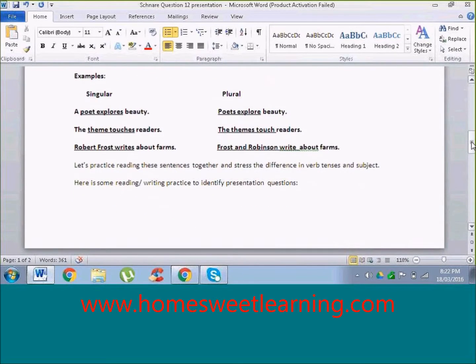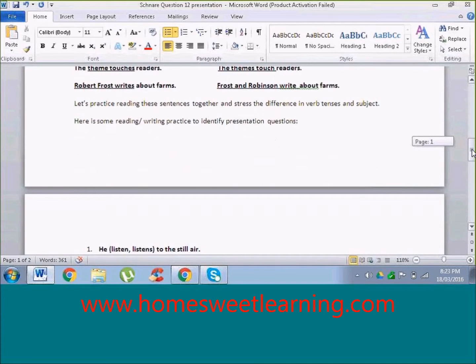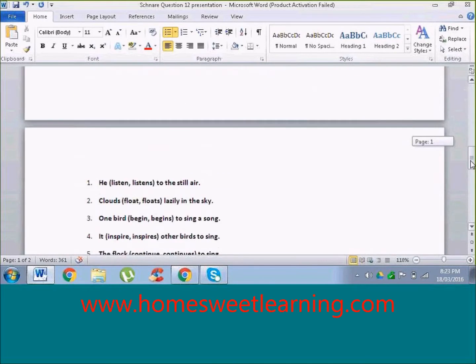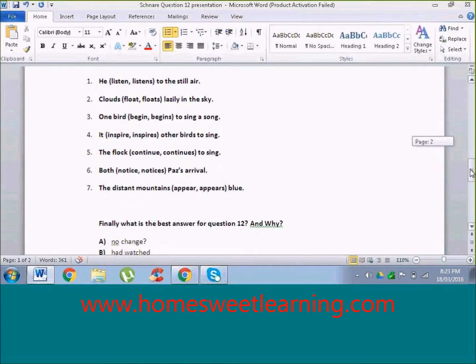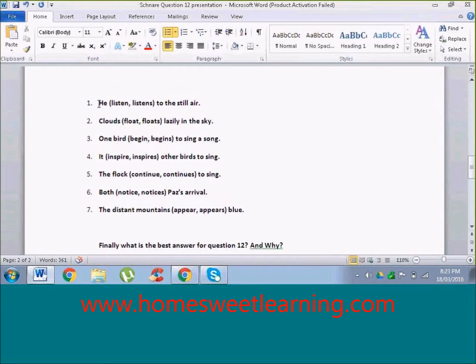We can check whether or not the subject is singular or plural, and we can practice reading the sentences together and stress the difference in verb tenses and subjects. So here's some reading and writing to practice to identify these questions. We want to highlight the plural verb or the non-plural verb. He listens. He is a third person subject.